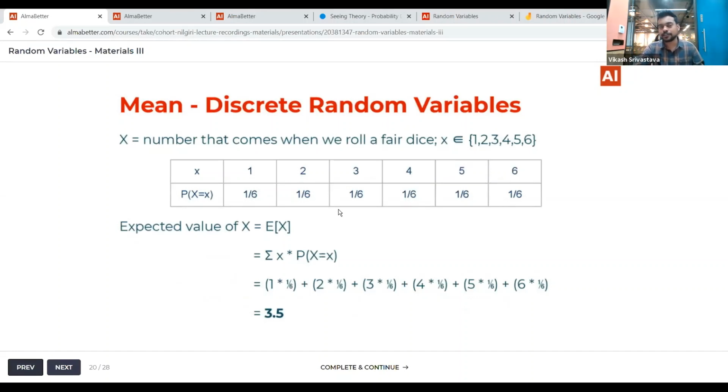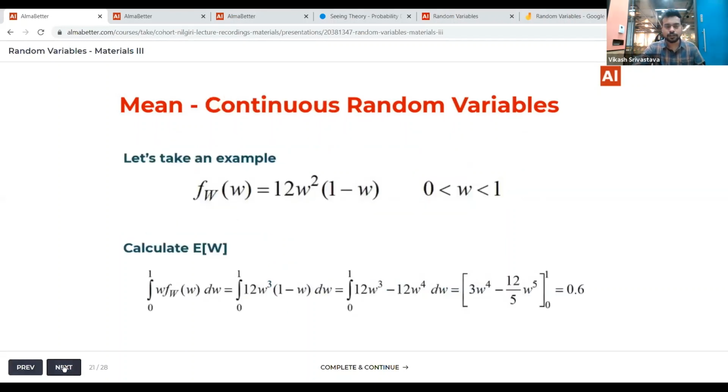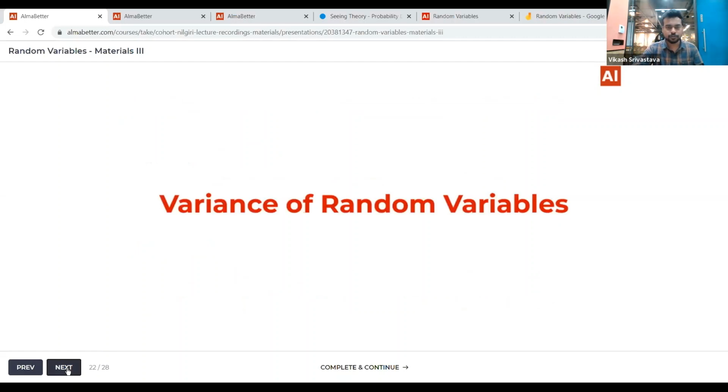In the case of a continuous random variable, we'll call this a probability density function. Here also we can calculate the expectation by multiplying the PDF with W. This is a pretty straightforward calculation, and you can just confirm it. There's nothing much to worry about.